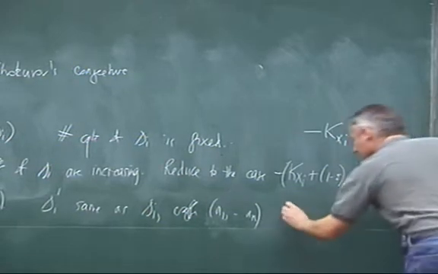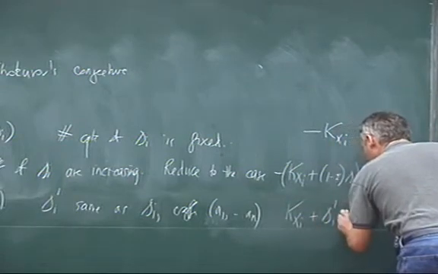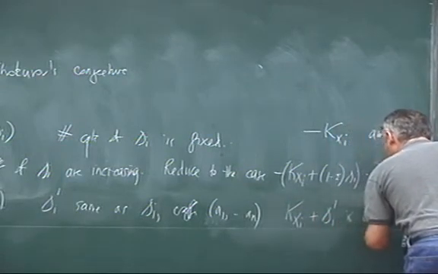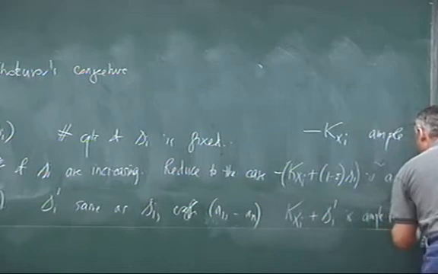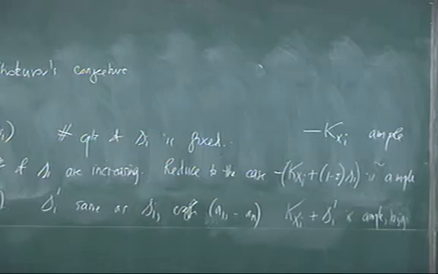So what I know is that K_{X_i} plus delta_i prime is ample. In particular, it's of general type. You know, it's big. I guess I'm cheating a little bit here, but the point is, if I want to go back to log smooth, I can just say it's big.